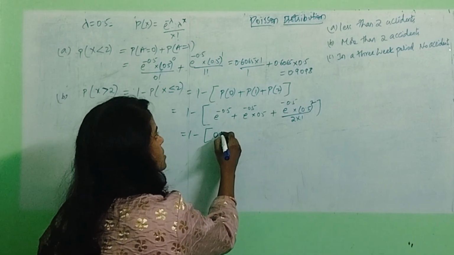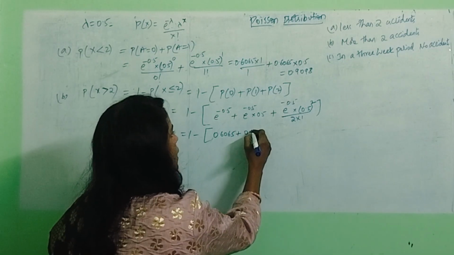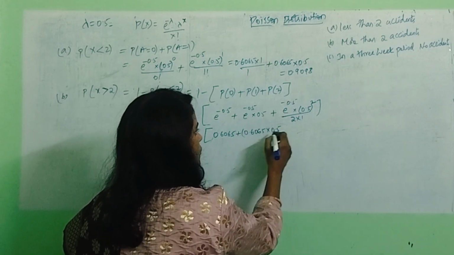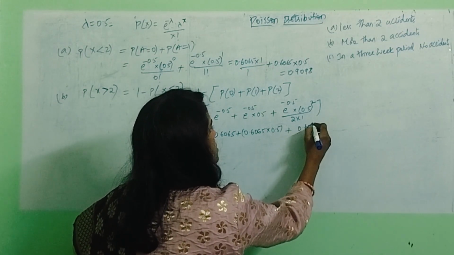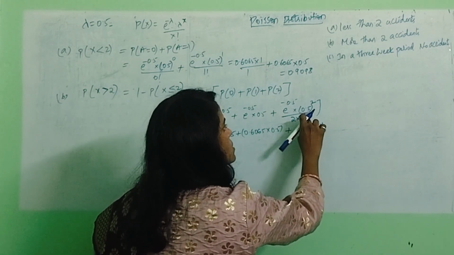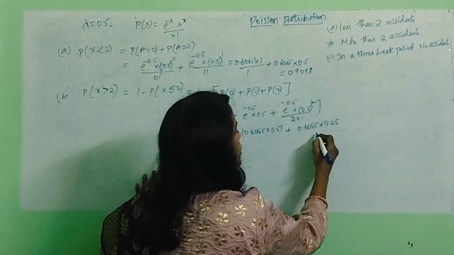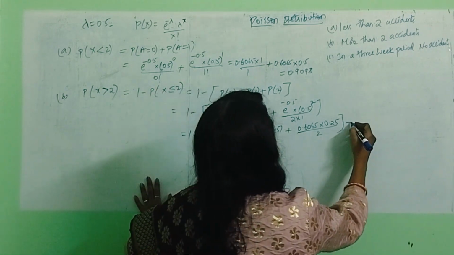So calculate the value: 1 minus, e power minus 0.5, we already got the value, that is 0.6065, plus 0.6065 into 0.5, plus 0.6065 into 0.5 whole square, that is 0.25 by 2. So how can we write the value?